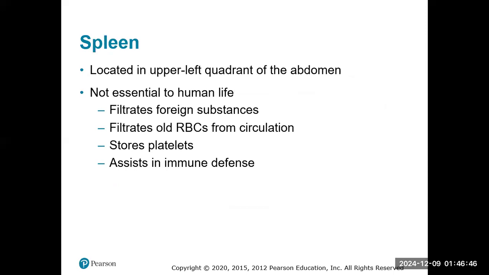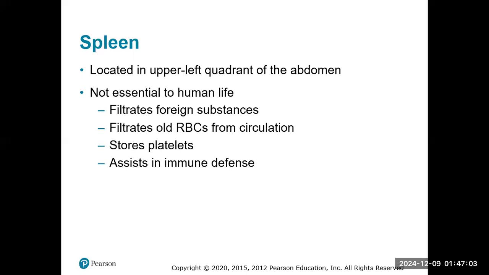Your spleen is in the upper left quadrant of your abdomen. You can have your spleen removed, and it's not a problem. So it's not essential for human life, but it is important, because one of the things it does is filter foreign substances. It also removes old red blood cells from circulation.